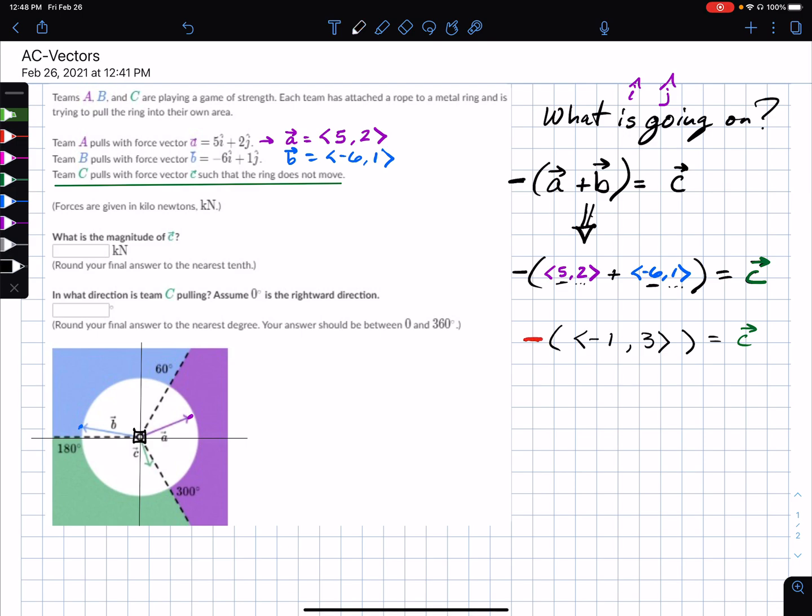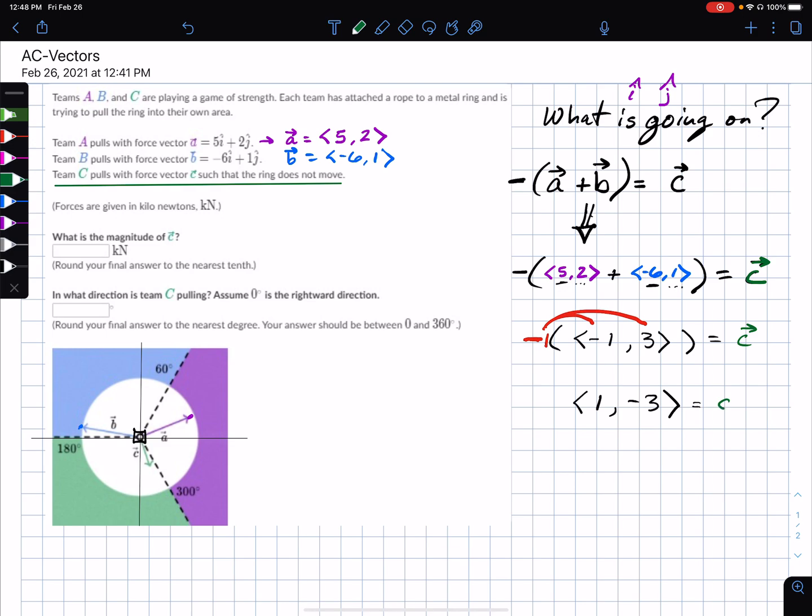That'll give us basically 1, -3. You're just multiplying by that negative scalar. That was one of the first things we talked about this unit way back in January, scalar multiplication. Okay, so that's what vector C is.